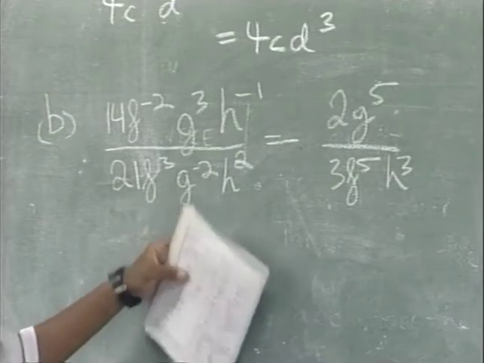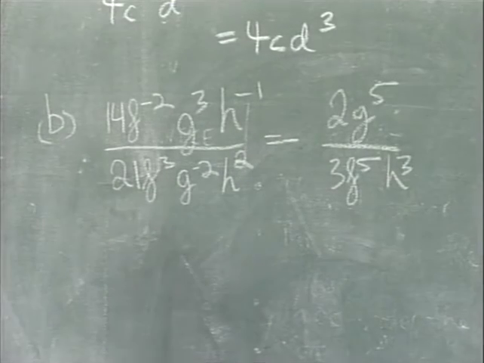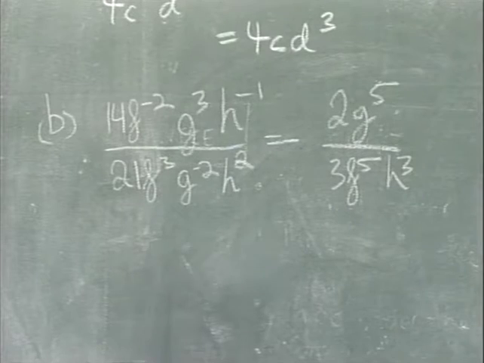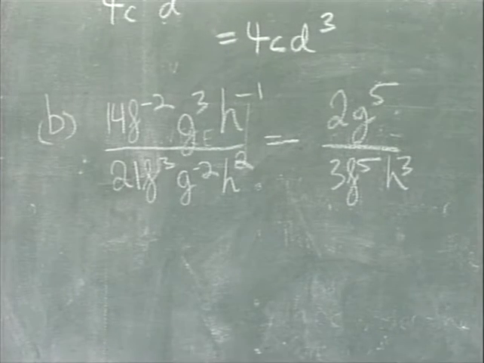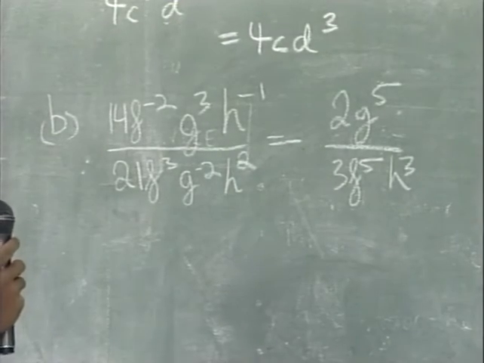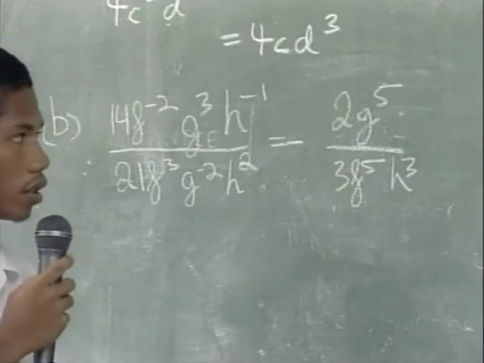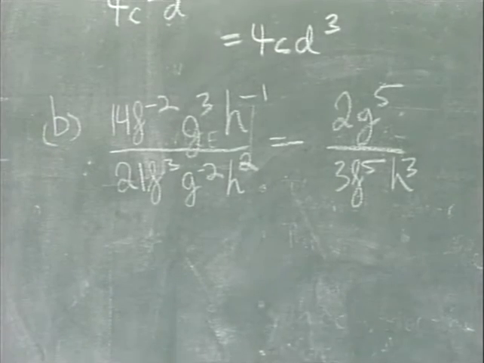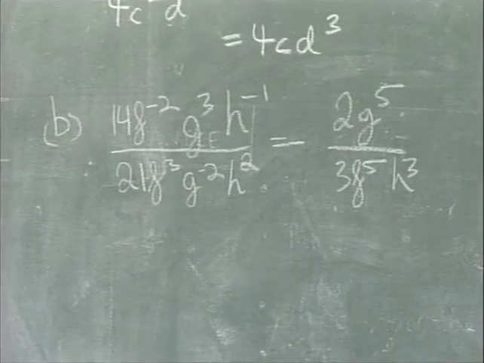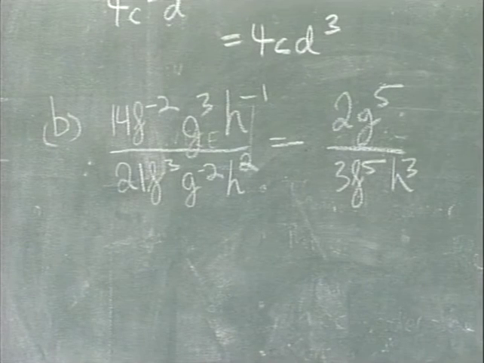And g to the power of 3 minus g to the power of negative 2 is the same as g to the power of 3 plus 2, which is g to the power of 5. And h to the power of negative 1 minus 2 is the same as h to the power of 3. So my answer is 2g to the power of 5 over 3f to the power of 5 h to the power of 3. Good. Next one.